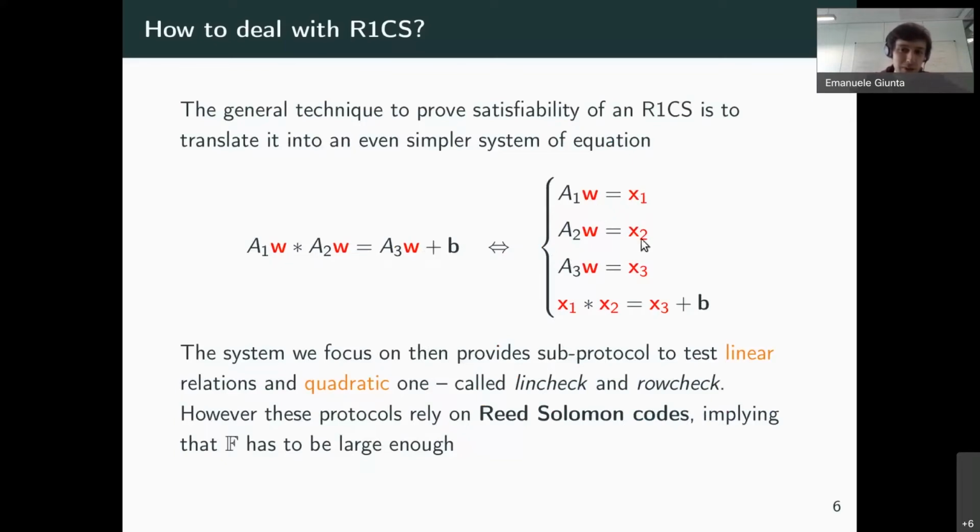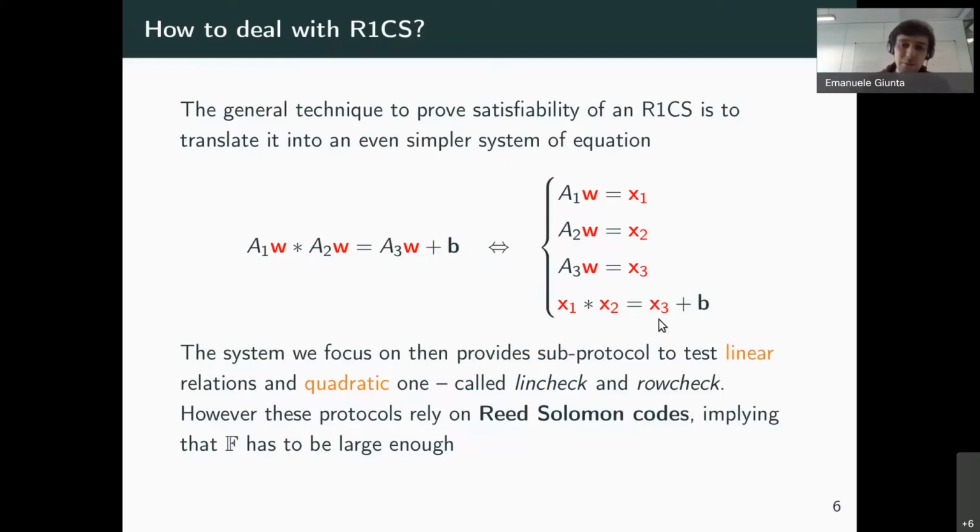We can introduce 3 extra vectors, x1, x2, x3, accounting for these 3 terms, a1, a2, a3 times w, where w is our witness. What we have to show is that there exist x1, x2, x3 and a vector w that satisfy this 4-part condition. The first 3 are linear and the last one is quadratic.